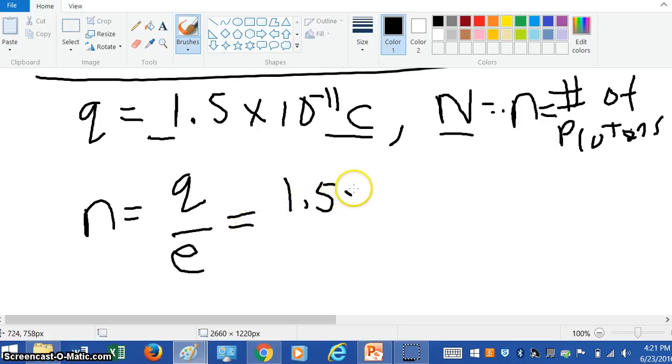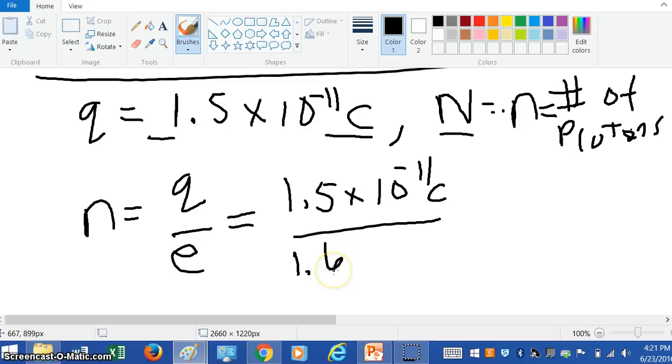So it's 1.5 times 10 to the minus 11th coulombs divided by the charge of a single proton, which is the same as the charge of a single electron but positive, 1.6, remember, this is the lowest charge that can exist, times 10 to the minus 19th coulombs. And so the coulombs cancel, and let's see what n is.